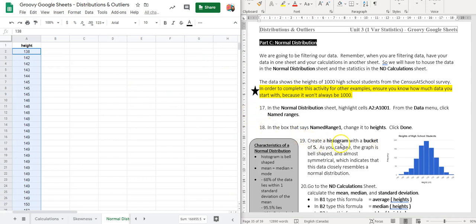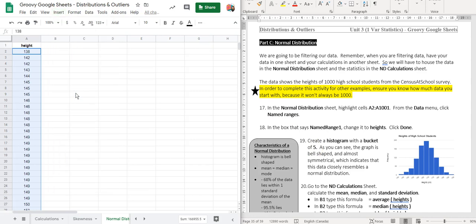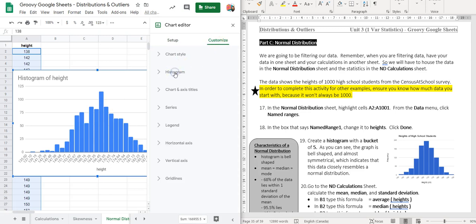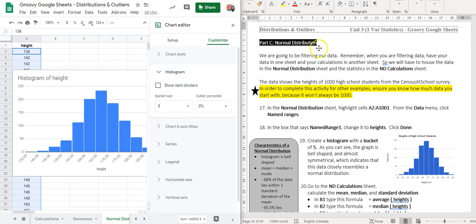Now we're going to create a histogram with a bucket of 5. So insert, chart. It's automatically going to come up thinking we're going to make a histogram, and we're going to customize it, and we're going to make the bucket width 5. And we'll format this a bit more.